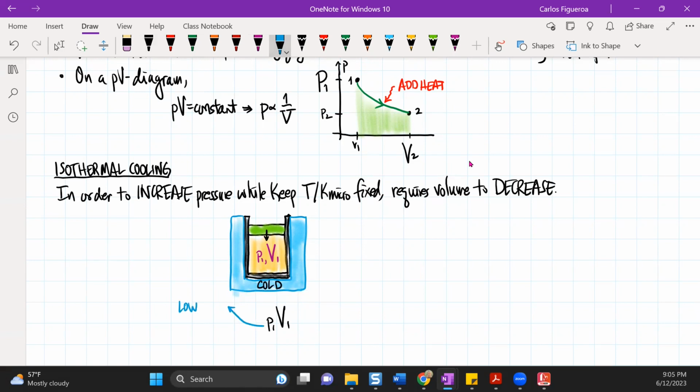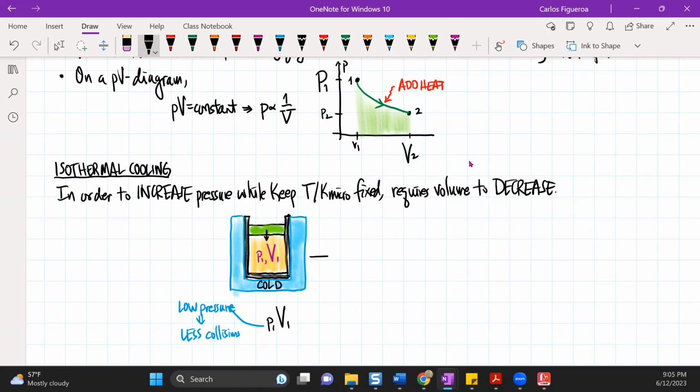That means I have a low pressure, and as a consequence, I'm going to have less collisions. Even though they're moving the same speed, they have to travel farther. That's why there's less collisions with the walls of the container.